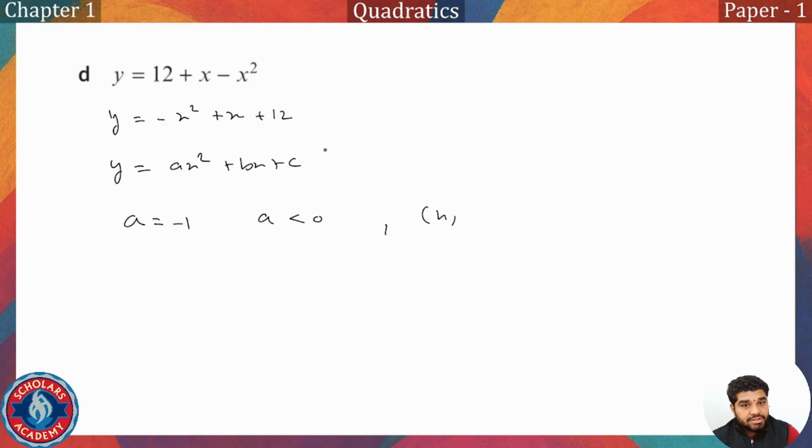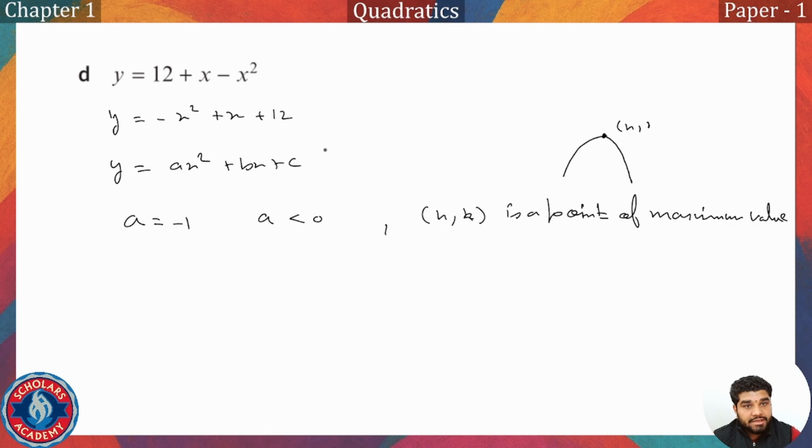It means h comma k is a point of maximum value, right? Orientation of my curve will be like this for obtaining a maximum value, which is h comma k. So let's find this point h comma k.